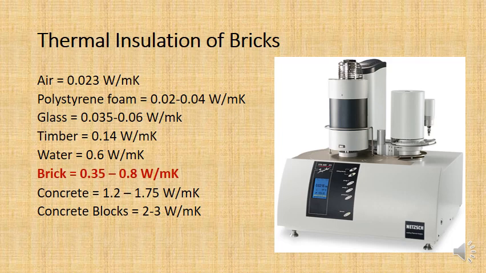But anyway, if you look at that machine on the right, that's the machine for testing thermal insulation. It costs about $15,000. As of yet, UKH haven't approved the expenditure for the building materials lab for that.